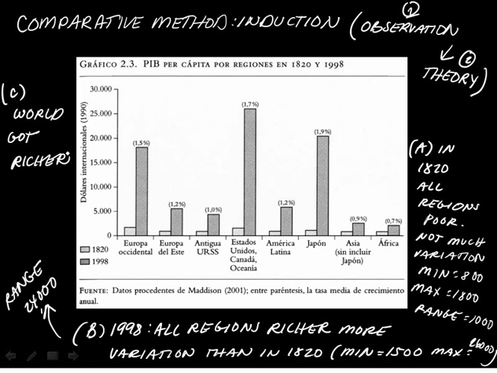Okay. Now what looks interesting here? I'm going to try and come up with a testable hypothesis given what I just observed about this chart in front of me. What's really interesting here for me is inequality is so much more marked in 1998 than it is in 1820.